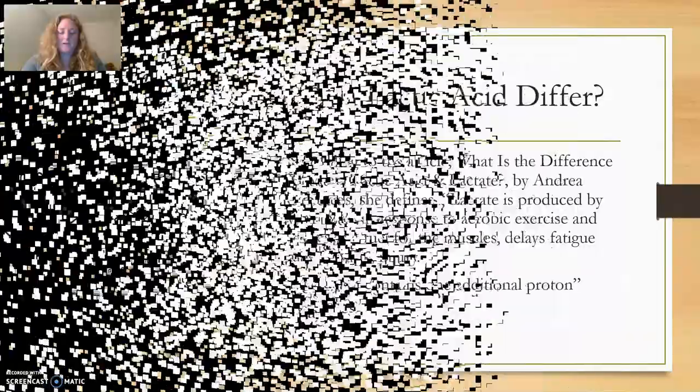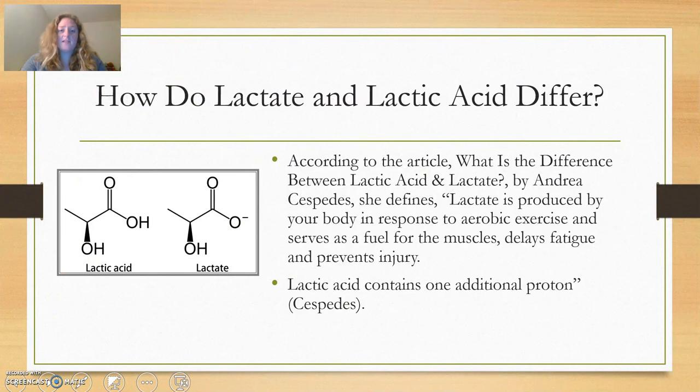As we continue on, how do lactate and lactic acid differ? According to the article What is the Difference Between Lactic Acid and Lactate by Andreas Sepsids, lactic acid is produced by your body in response to anaerobic exercise, serves as fuel for the muscles, delays fatigue and prevents injury. Lactic acid contains one additional proton.